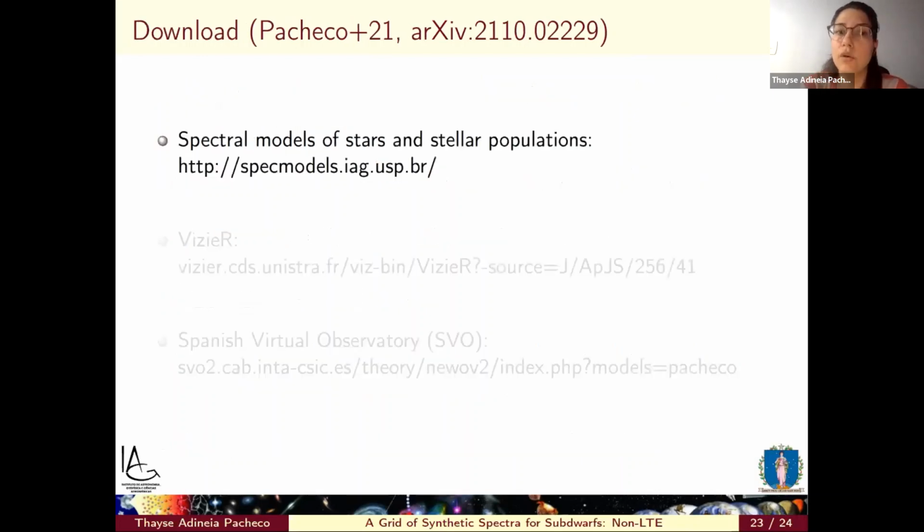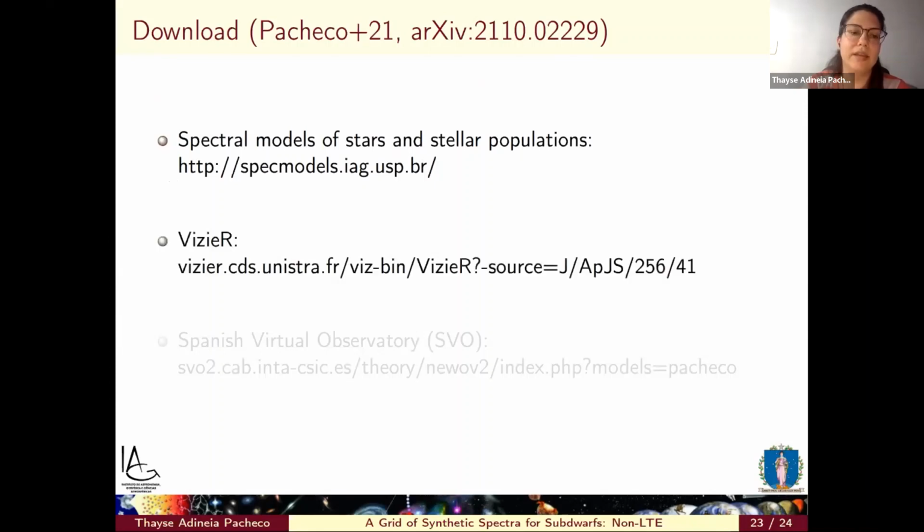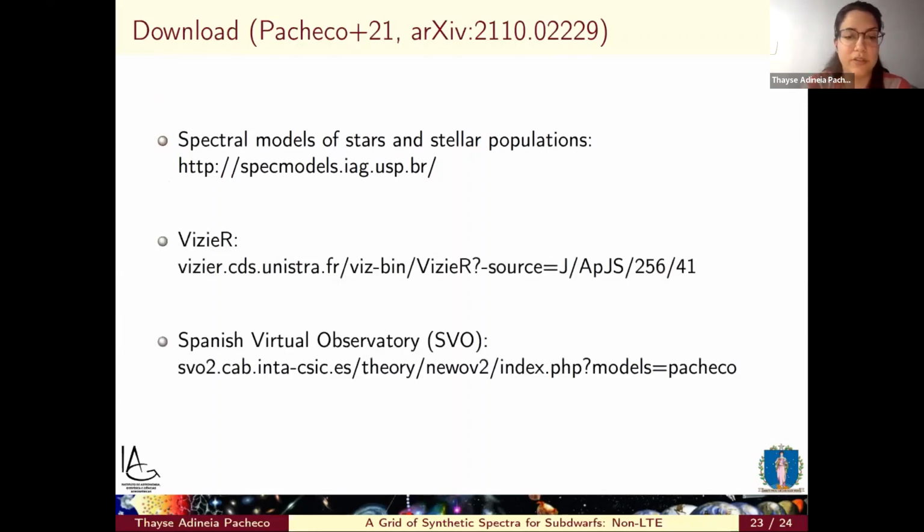You can download my grid of spectra in these 3 websites: the spectral models of stars and stellar populations, which is Paula Coelho's website, at the Vizier, and at the Spanish Virtual Observatory.